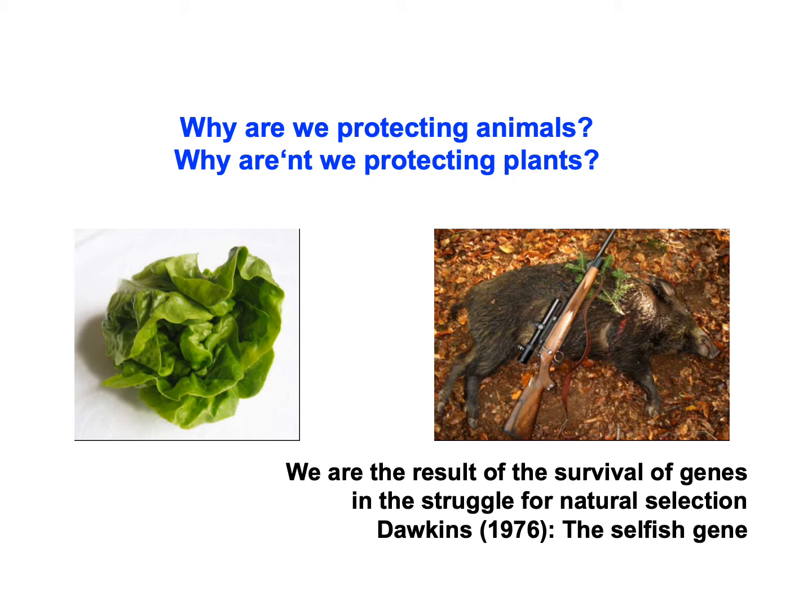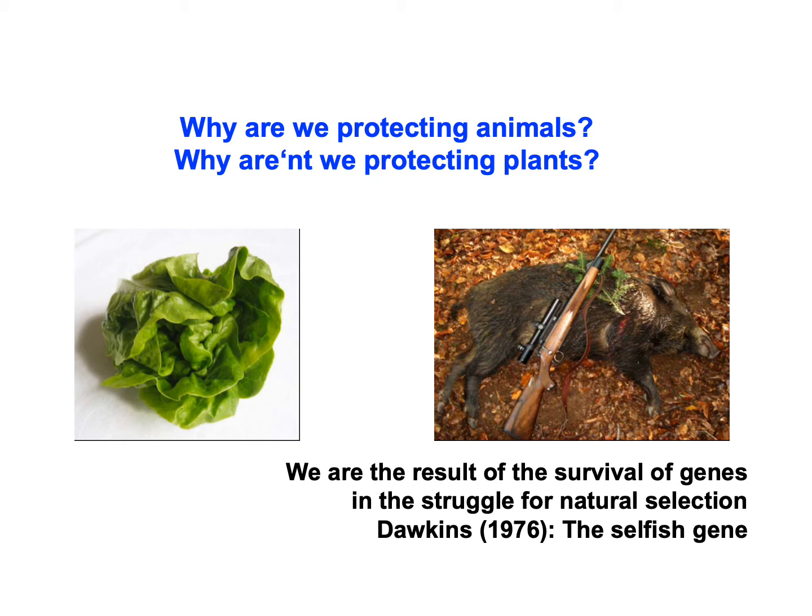Because, and you can read in the famous excellent book of Dawkins, The Selfish Gene, we are the result of the survival of genes in the struggle for natural selection.